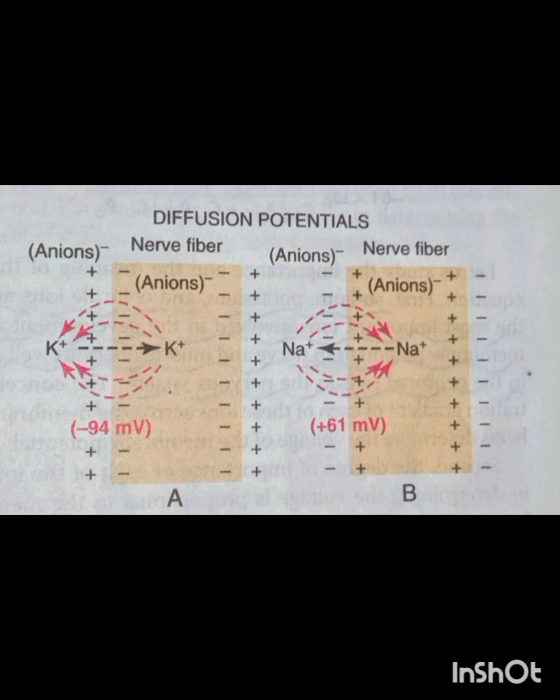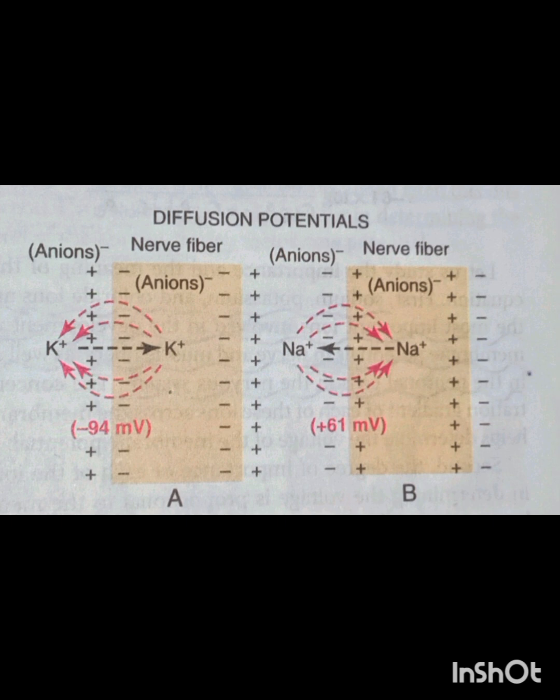And a point comes when the diffusion potential of potassium becomes strong enough that the electrical gradient becomes equal to the concentration gradient, and there will be no net movement of ions across the membrane, despite the fact that there is still this potassium gradient present, and the membrane is fully permeable to potassium.